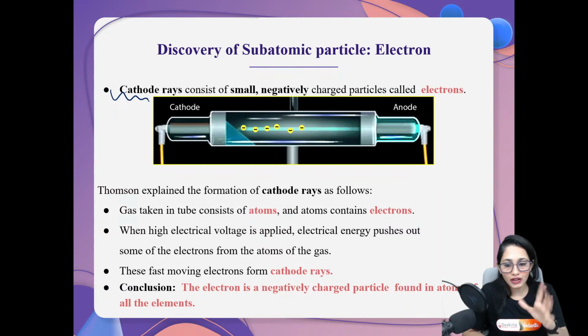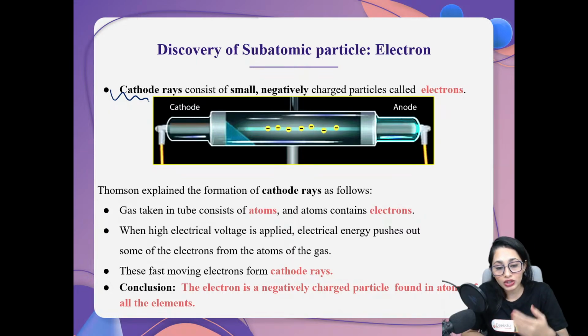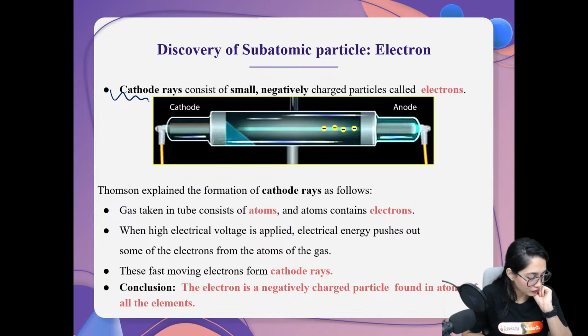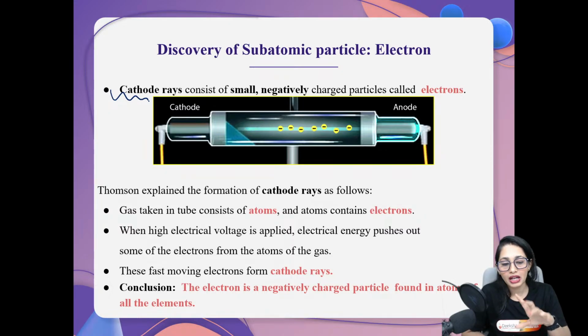So matter consists of atoms, and atoms contain electrons. When high electrical voltage is applied, the electrical energy pushes out some of the electrons from the atoms of the gas. These fast moving electrons form cathode rays.